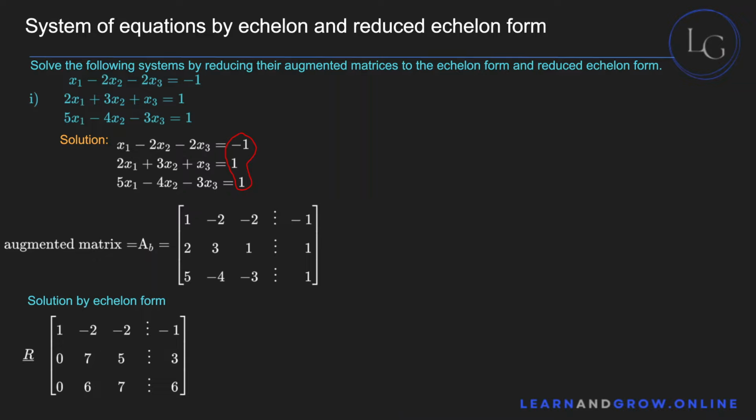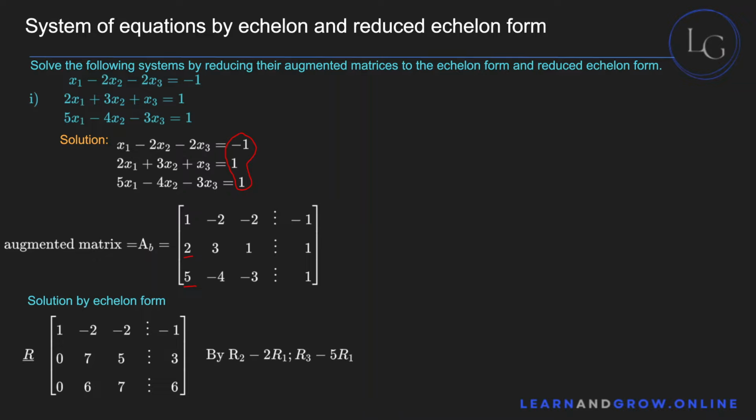We've discussed the requirements for a matrix to be in echelon form. So you must first have the leading zeros increase as the number of rows increases. So there must be zeros here and here. So how will you do that?